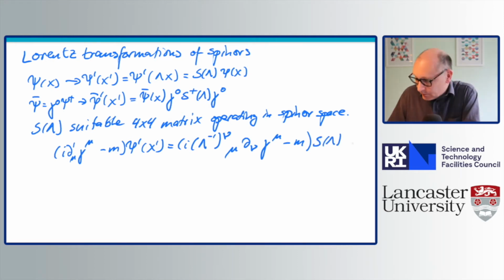Now, when I say that we want the Dirac equation to be Lorentz invariant, that means that if psi here is a solution to the Dirac equation in the coordinate system that we start from, and we transform psi to psi prime with the matrix S when we go from x to x prime, then psi prime will be a solution to the Dirac equation in the primed coordinate system.